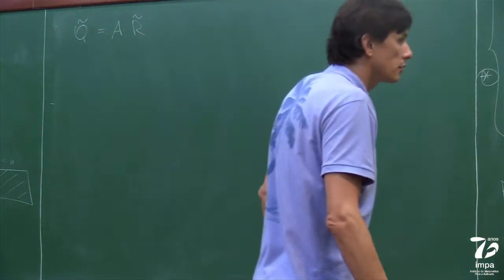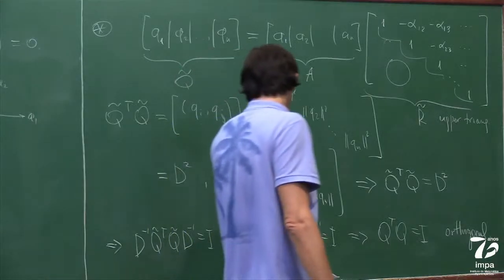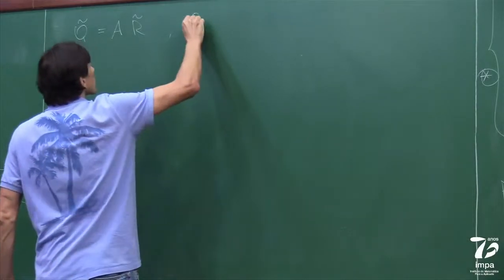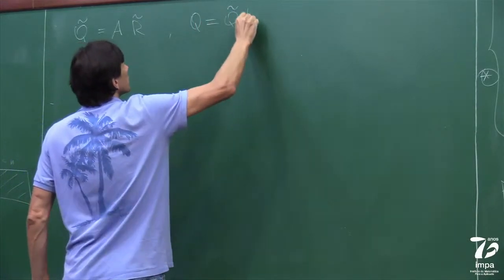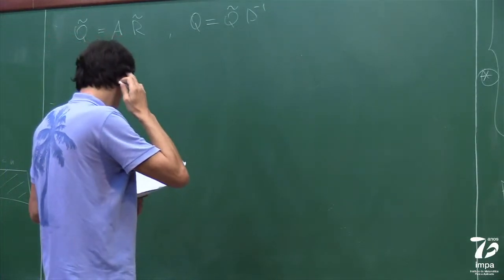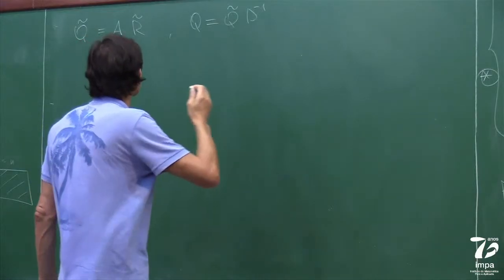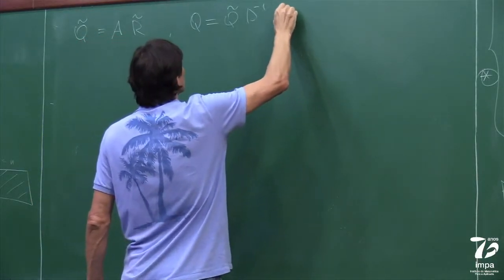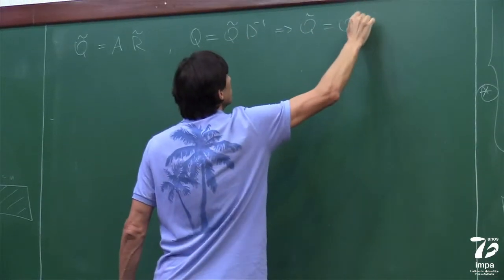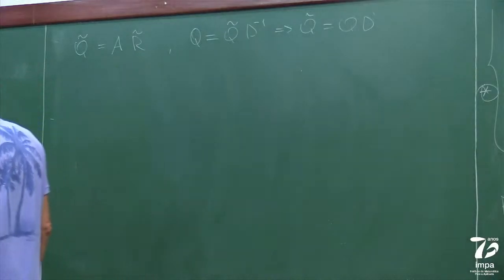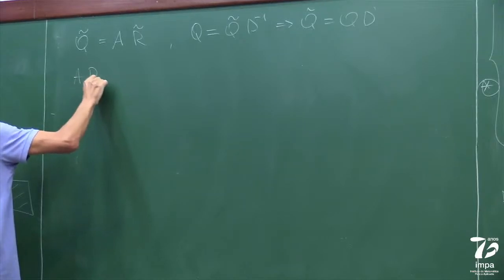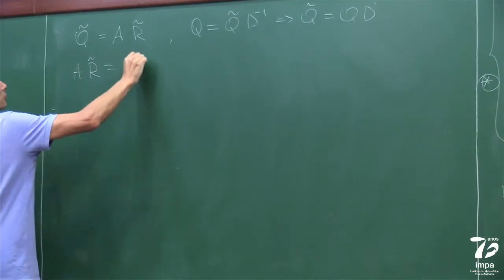Also now remember that we have this relation that Q is Q tilde D minus 1, from which we can write that Q tilde, put D back here, so it will be QD. So we can write this relation. So let's start with A tilde equal QD.